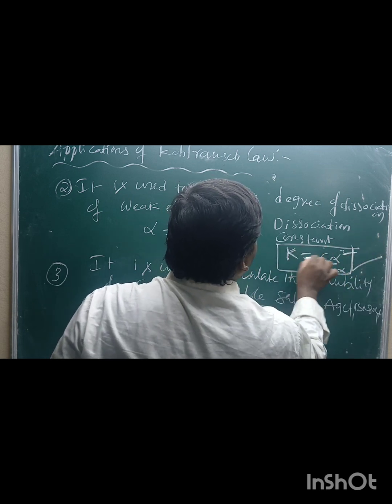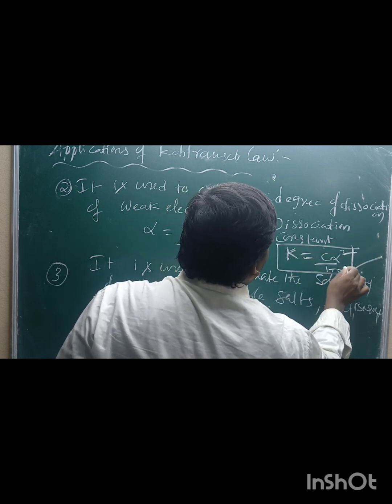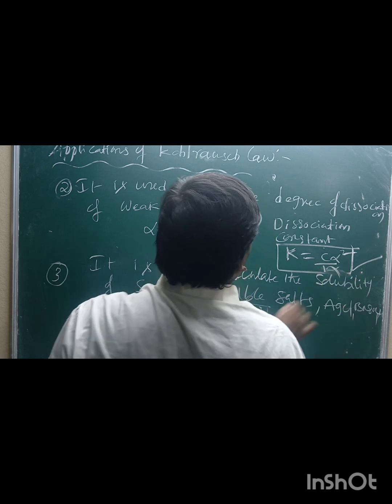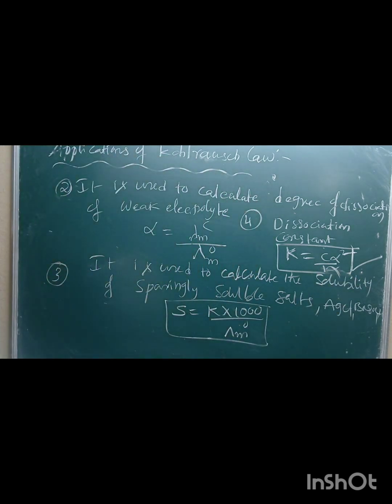This is called the dissociation constant for weak electrolytes. Okay, these are the applications of Kohlrausch law.